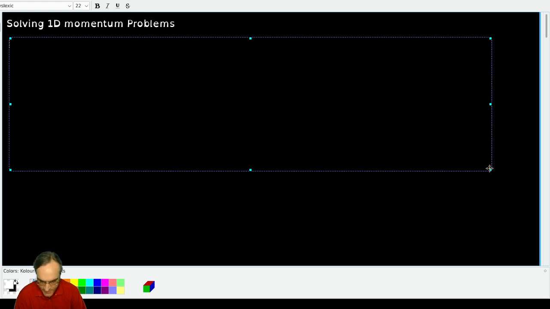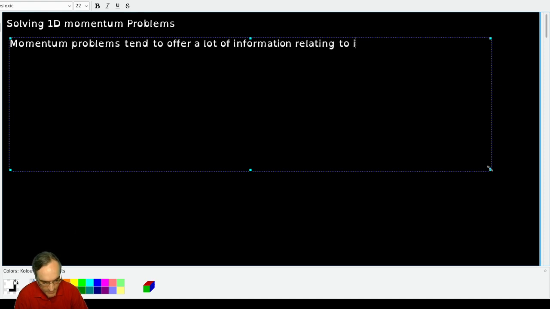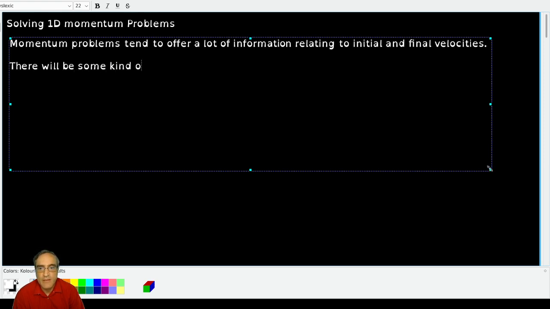So first, momentum problems tend to offer a lot of information relating to initial and final velocities. Now, that doesn't necessarily mean it's a momentum problem. There's a chance that it's an energy problem, and you can do it with kinetic energy. The thing that will split the difference on this is there will be some kind of interaction.